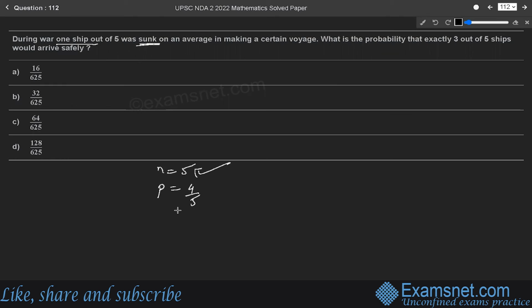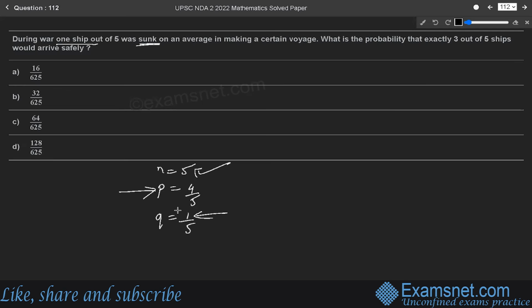What is the probability that exactly 3 out of 5 ships would arrive safely? See, if the probability of arriving safely is 4 by 5, then the probability of not arriving will be 1 by 5. It proves that one ship is sunk.